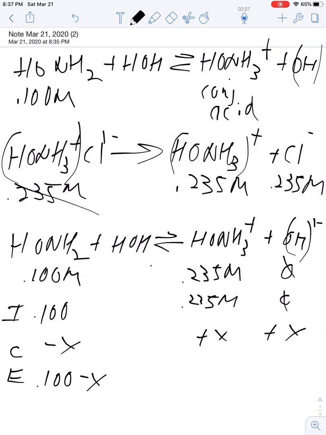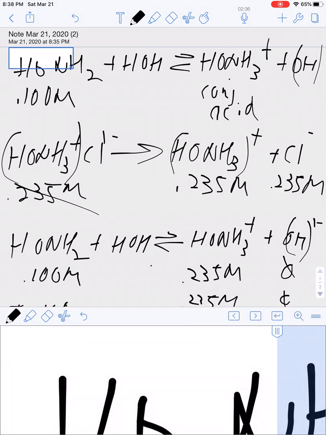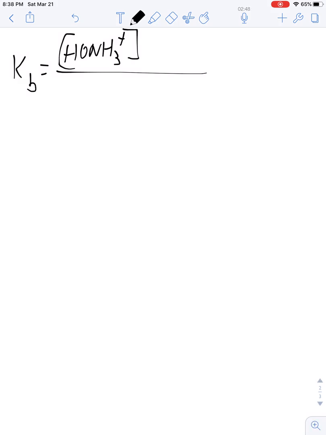0.100 minus x, 0.235 plus x, and then I will write my equilibrium expression. Kb is equal to this over this.